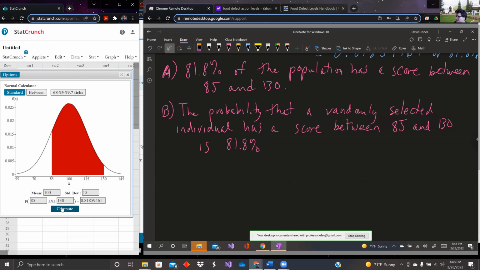Let's look at what's the top 10%. What IQ scores represent the top 10% of humanity?